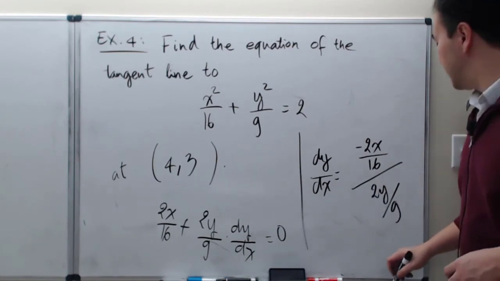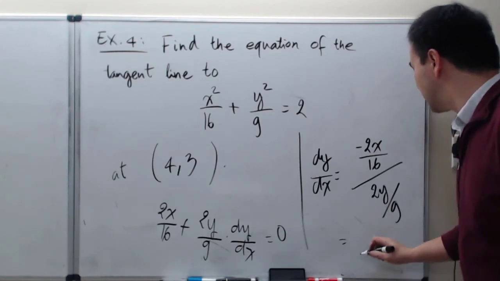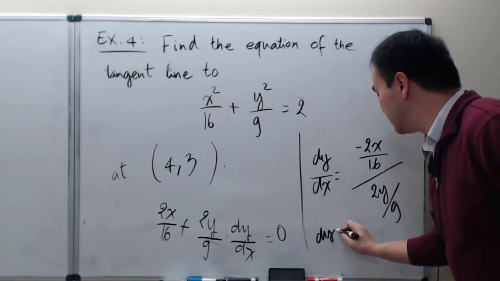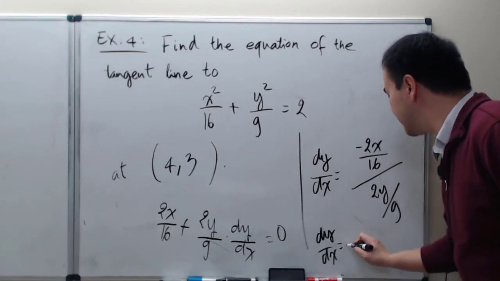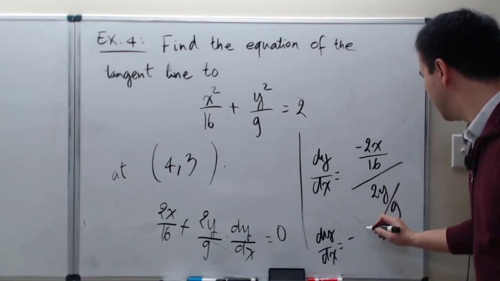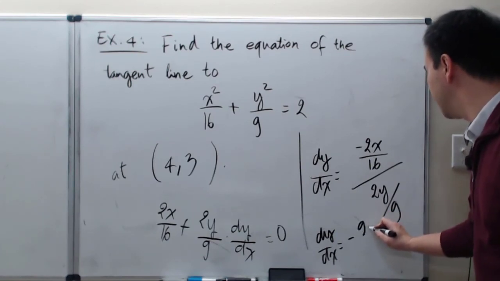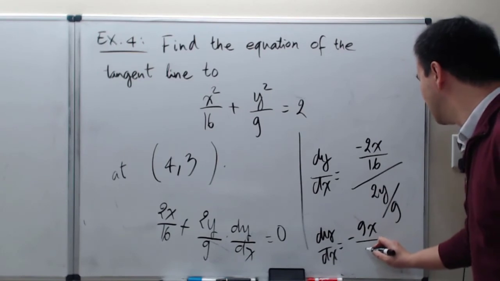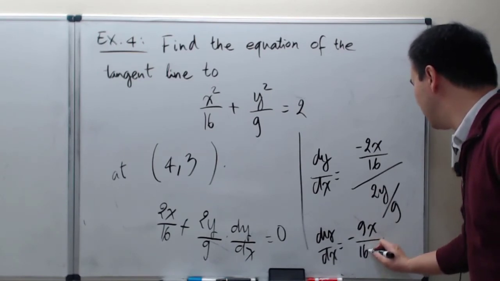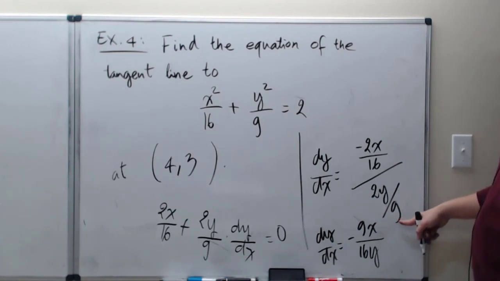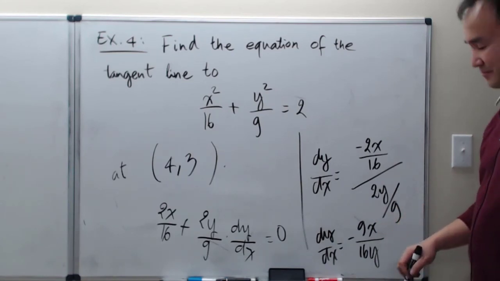In other words, our final dy/dx here is algebraically minus 9x over 16y.